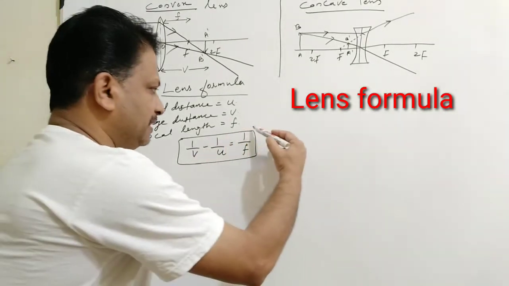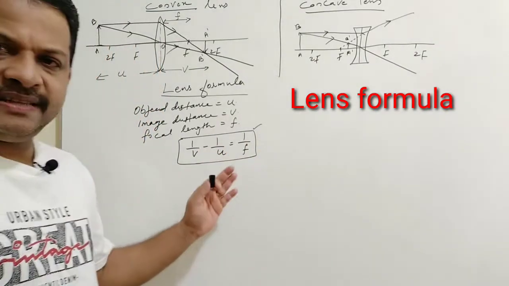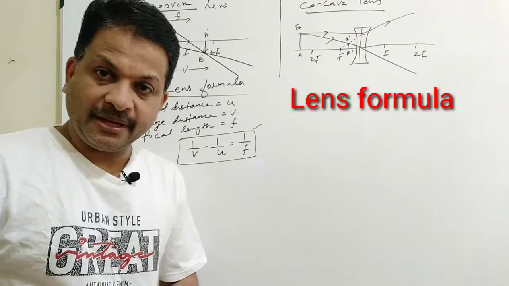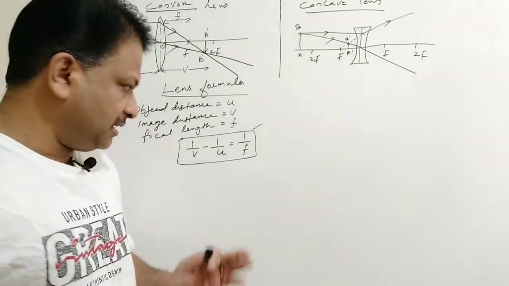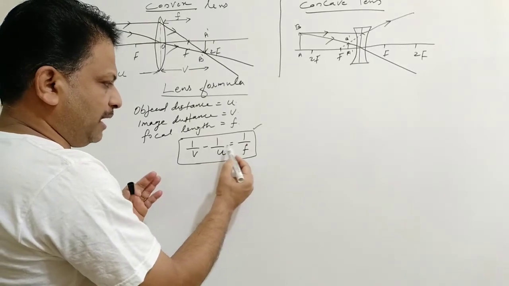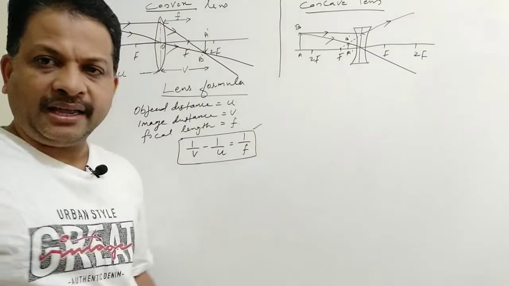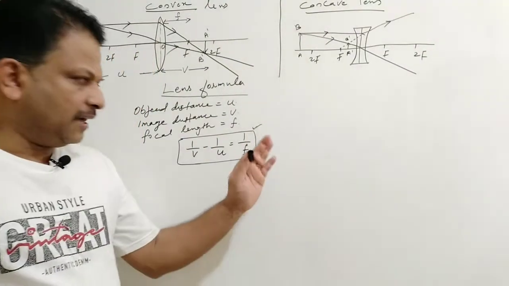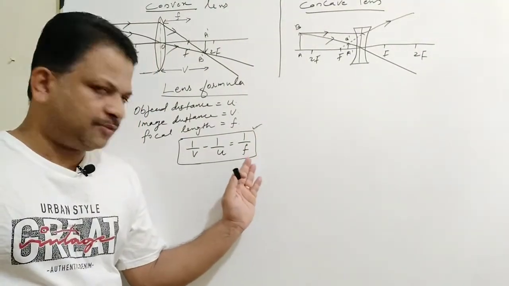All of you must remember this formula. A very simple derivation is there, but it is beyond the scope of the syllabus, so I am not going to derive it. You have to remember the lens formula: 1 by v minus 1 by u is equal to 1 by f. All of you learn it now itself.